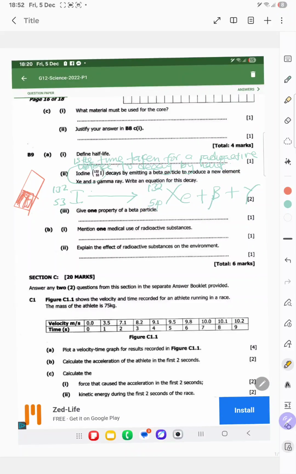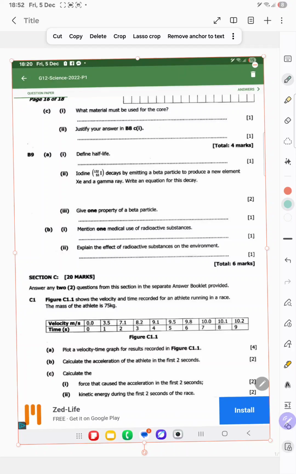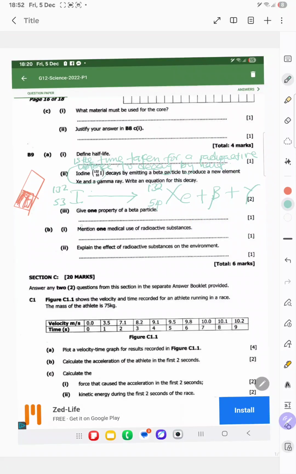Alright, let's go to question number 3, which says, give one property of a beta particle. So you say that a beta particle can exist in both positive charge or negative charge.